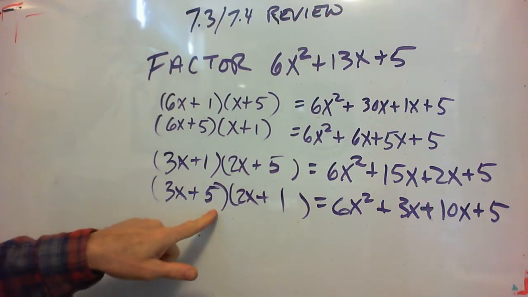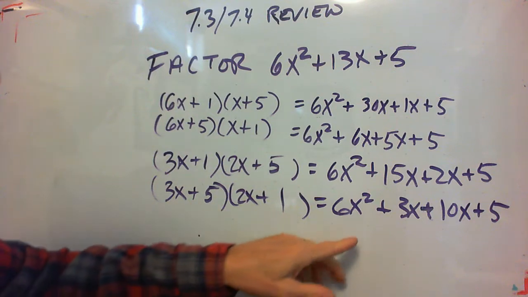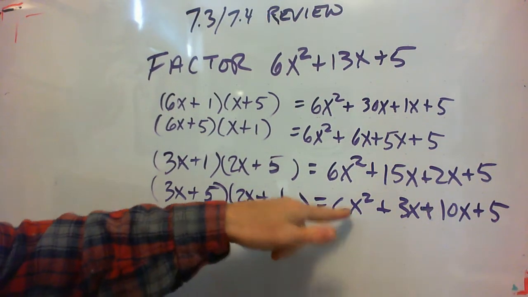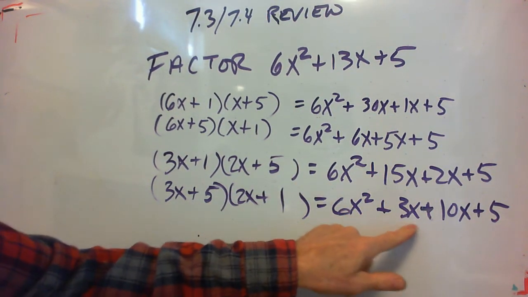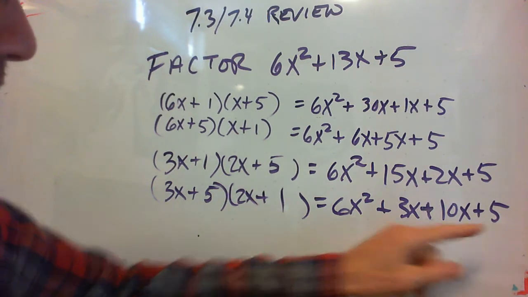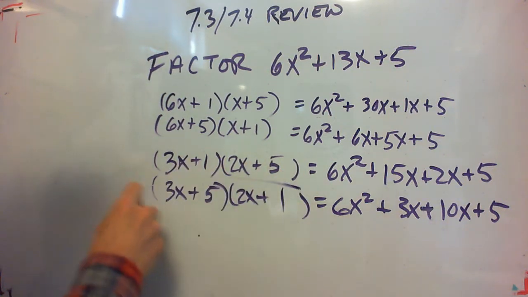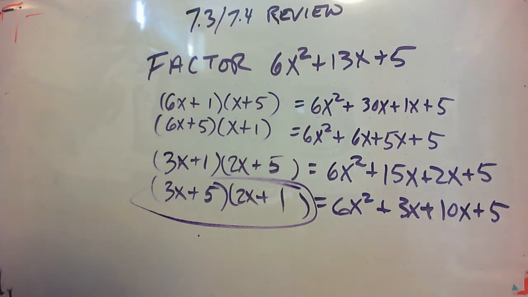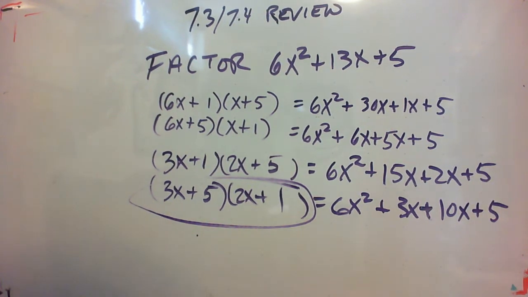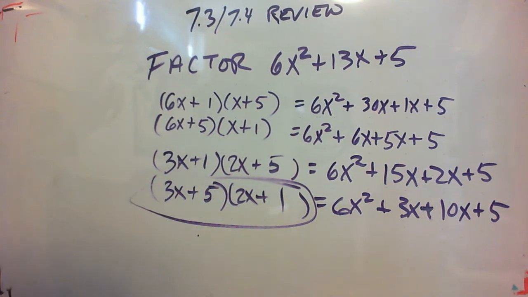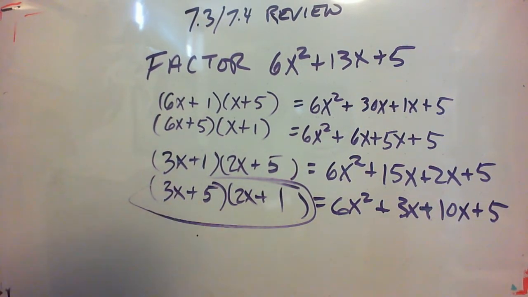When we multiply that out, FOIL it out, if you will, we get 6x squared plus 3x plus 10x plus 5, which gives us 6x squared plus 13x plus 5. So that's our factorization, 3x plus 5, 2x plus 1. And I'm using Viking Purple here because my black markers are just about out, and I don't have time to get any new ones from Amazon or Walmart or any place.